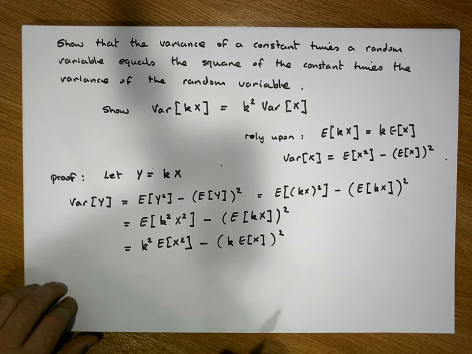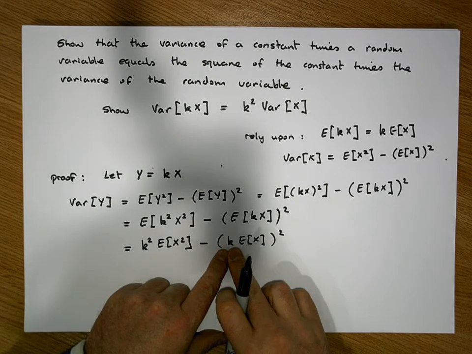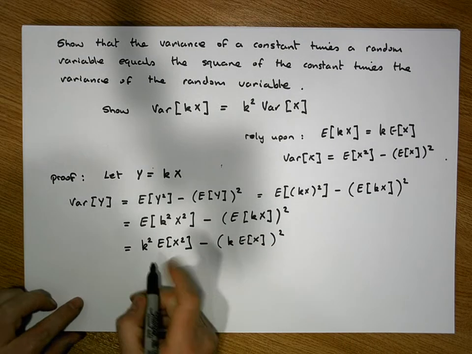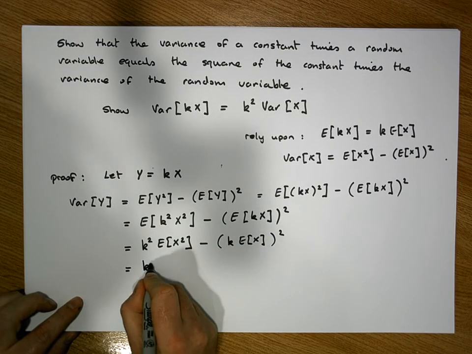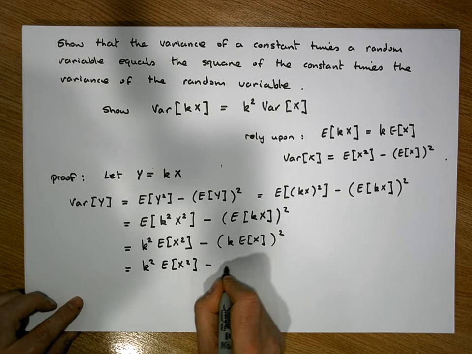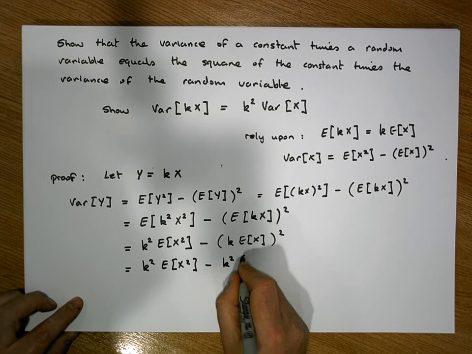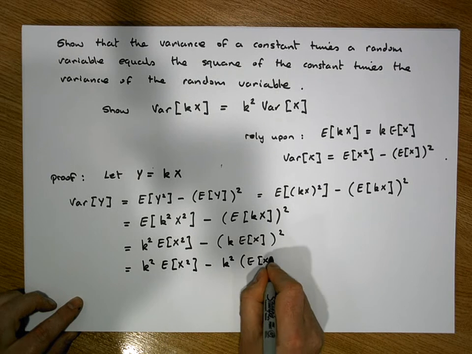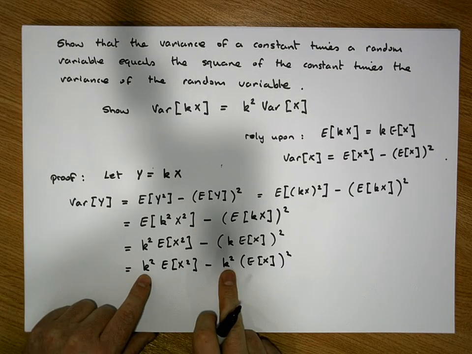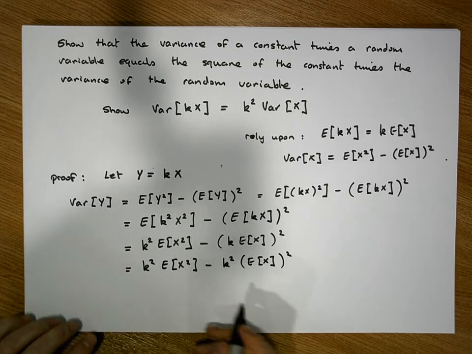Now you can see that we can actually do the squaring of k here and also do the squaring of the expected value of x. So this becomes k squared times the expected value of x squared minus k squared times the expected value of x, all squared. There's a common term here, k squared, let's take it out.